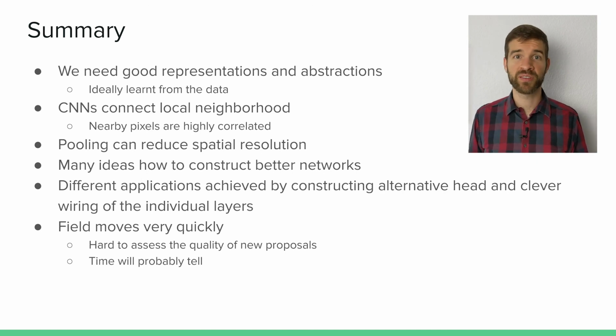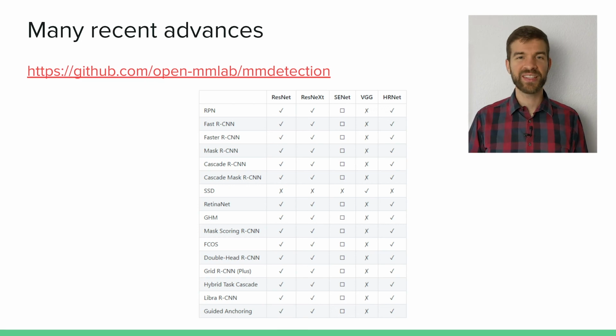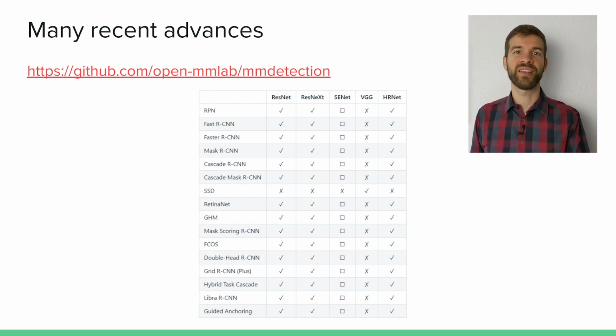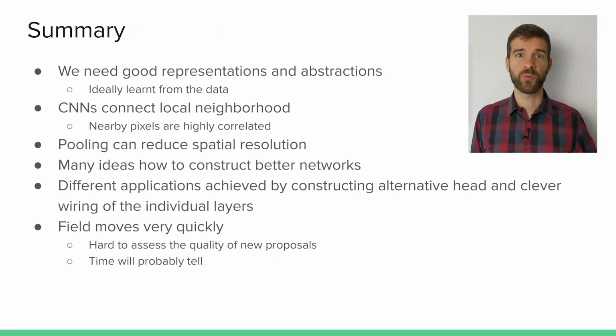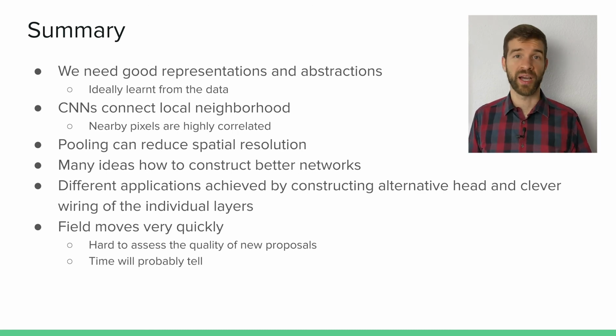But I guess time will tell, and one of the things that I like here is the things that appear in this framework. They've been that popular and obviously working that well that someone took the effort and implemented it in that framework. So whenever you see that one of these ideas that you find in a paper has been taken up by other researchers, used, and then put into frameworks, that is typically a good sign that you can probably use that and that it's a good thing to use.